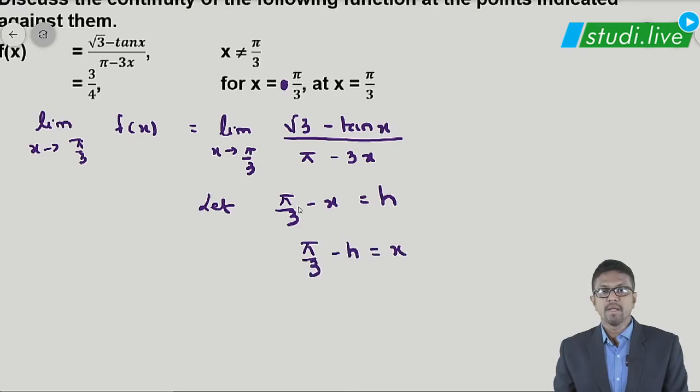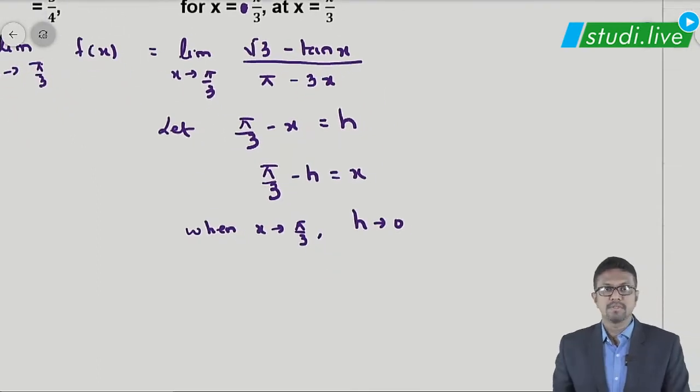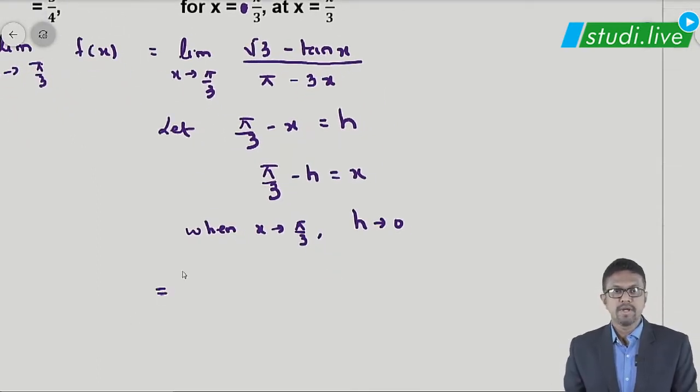And when x tends to pi by 3, h will tend to 0. So now we can make the substitution. Where it is written x tends to pi by 3, instead of that we will write h tends to 0.